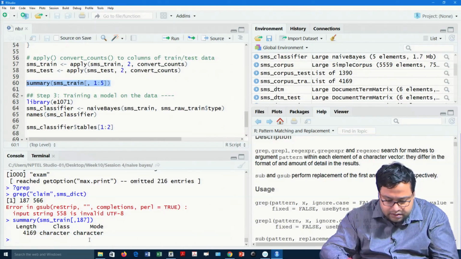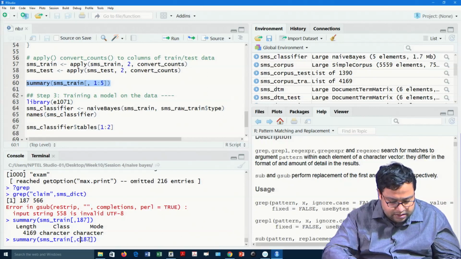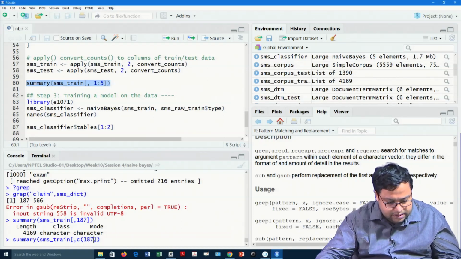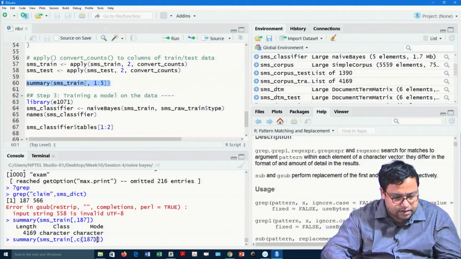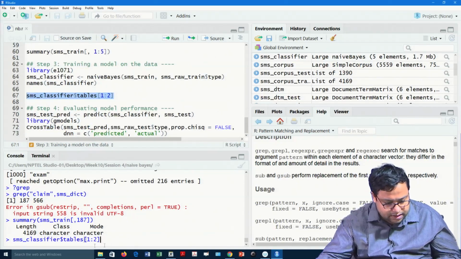SMS train, C187. Oh no, sorry, not summary, this one.